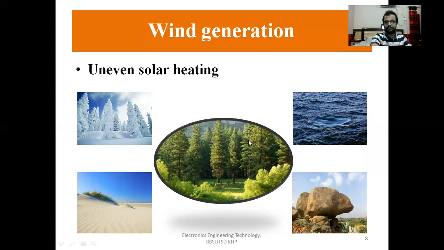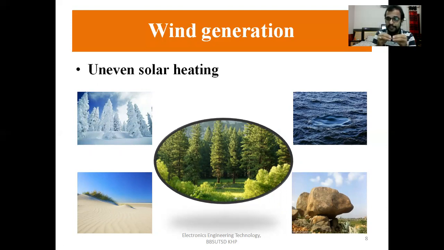Okay, so suppose there is vegetation, and then there are rocks, water, ice or snow, and basically sand. Each of these materials has a different reflecting and absorbing rate of solar radiation.